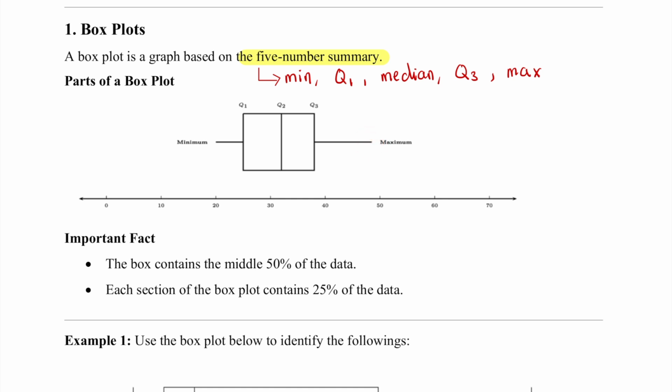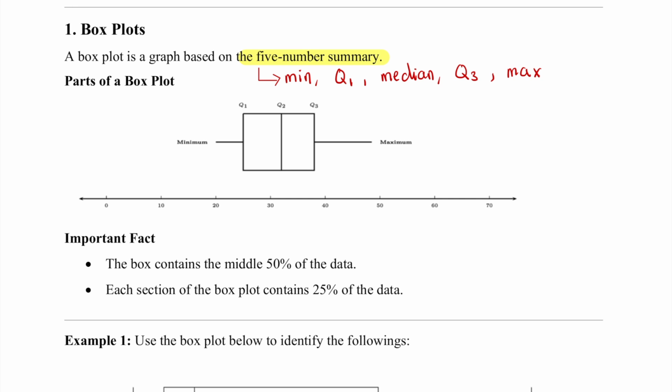The left edge of the box is Q1. The vertical line inside the box is the median, and the right edge of the box is Q3. So every important feature of the box plot comes directly from the 5-number summary.